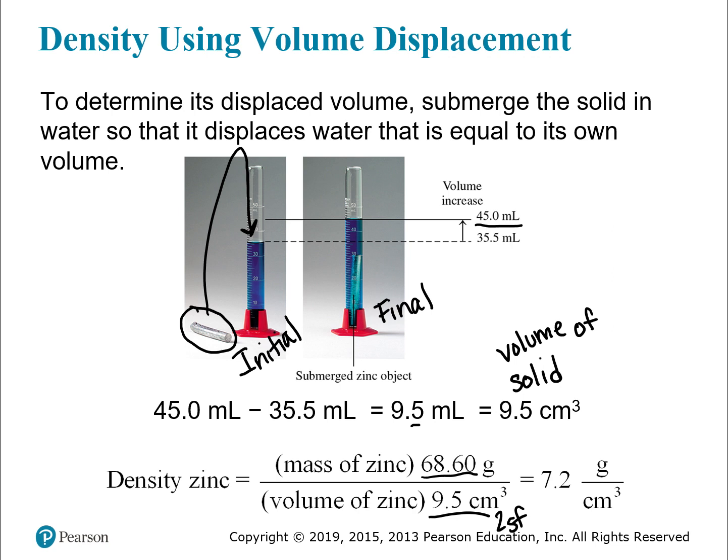That's all we had. So that gave us two sig figs. And our mass has 4 sig figs, but our answer only has 2 sig figs. So remember sig figs when you're doing this, and don't forget your units. For density, we're talking about grams per centimeter cubed for a solid.